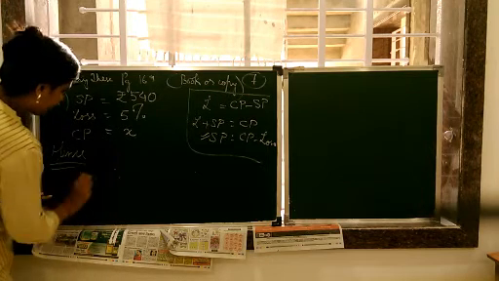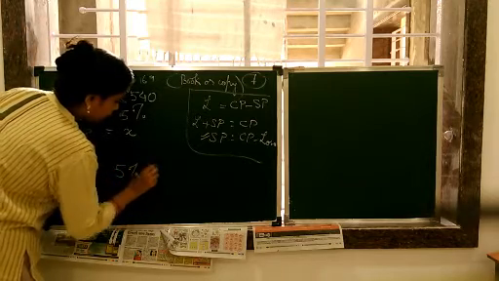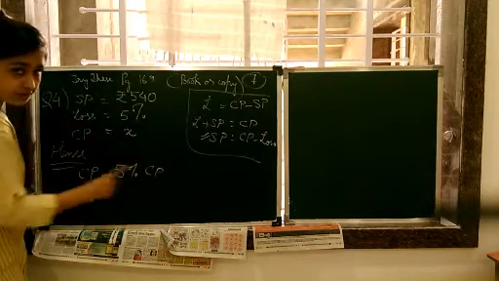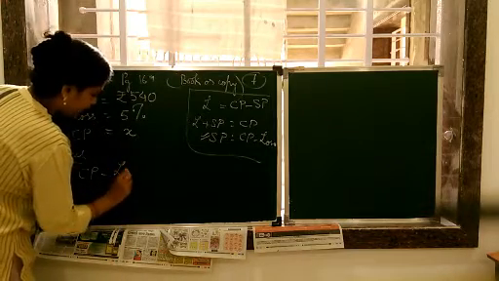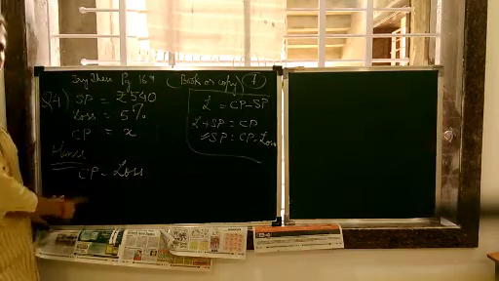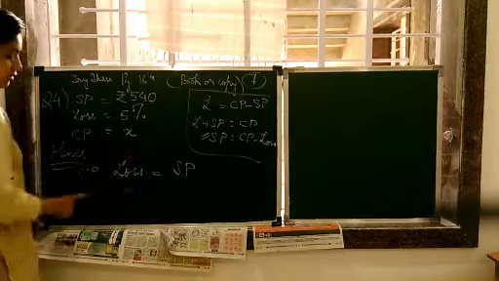Or just write the formula first: CP minus 5% of CP. Loss is 5% of CP. Or you can just write loss also, no problem, so that we do not get confused about what we have written. This is equal to SP. We have written this.